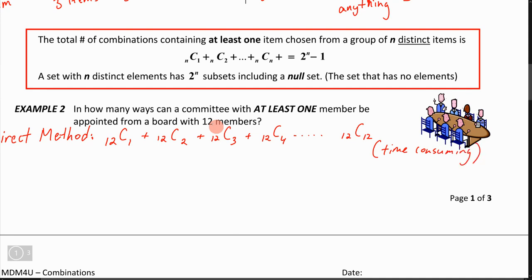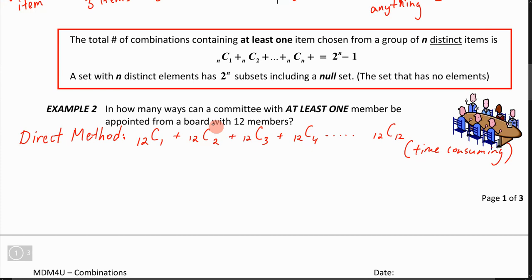So what's another way that we could do it? Well, let's look at an indirect method. The indirect method says, if I have 12 members, then I have 2 to the exponent 12, and I'm going to subtract 1, which represents the one case where we have no board members.